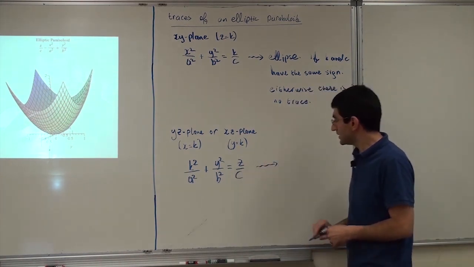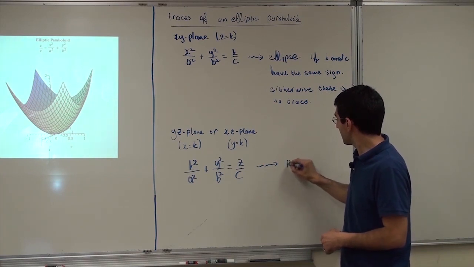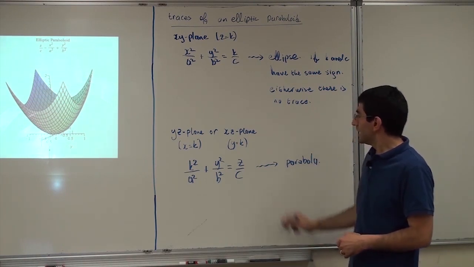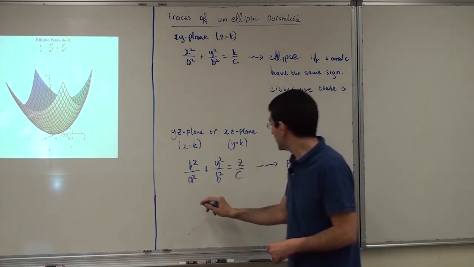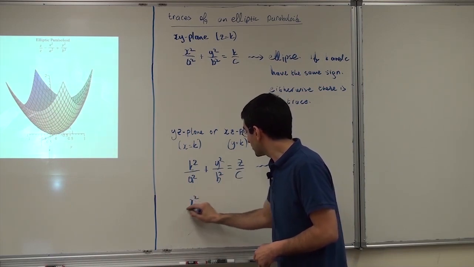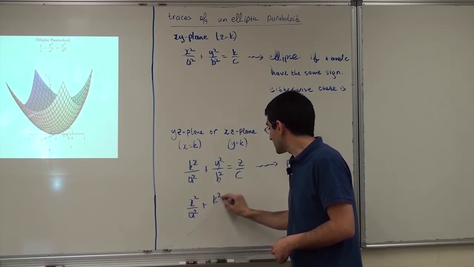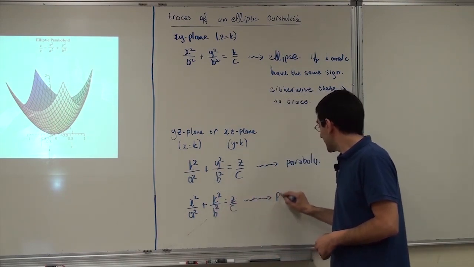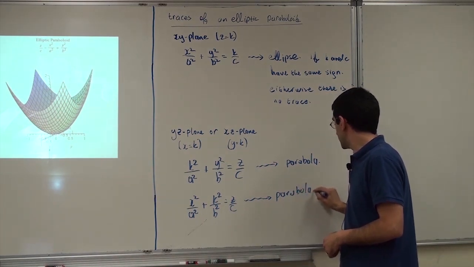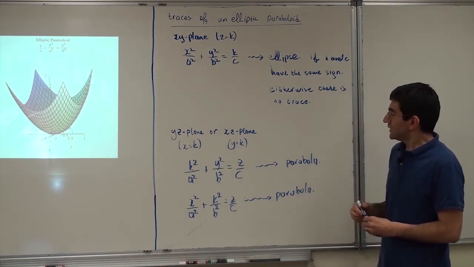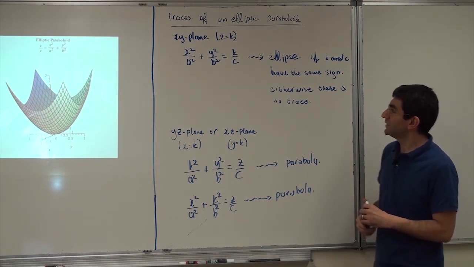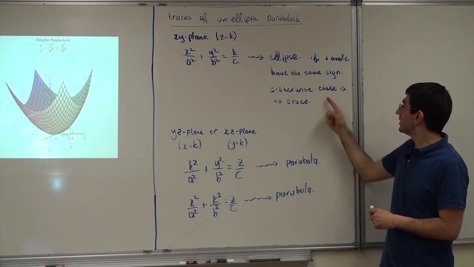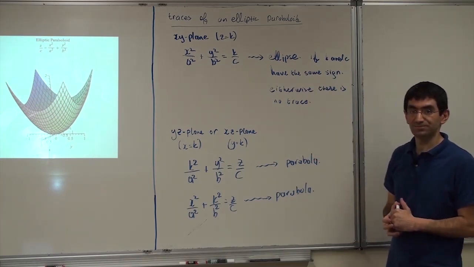So, this represents a parabola. Now, if I check the trace along the plane y equals k, I'm going to have x squared over a squared plus k squared over b squared equals z over c. This is again a parabola. So, the traces of an elliptic paraboloid are ellipses or parabolas, or there are no traces.